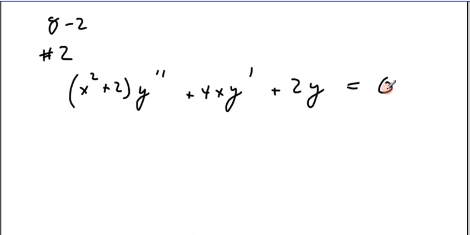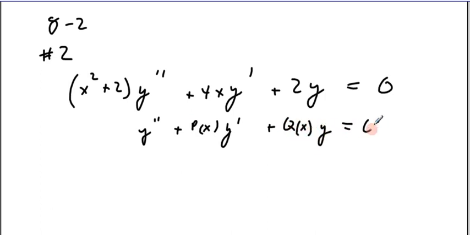If I put that in the form y'' + p(x) y' + q(x) y, and I ask myself, do I have a singular point at x = 0? The answer is no. So at x = 0 I have an ordinary point. Isn't that lovely? And we'll talk about why I worry about that later.